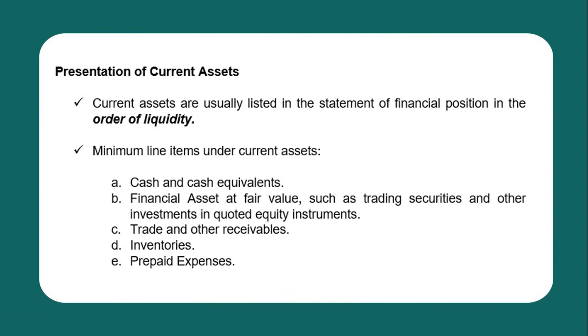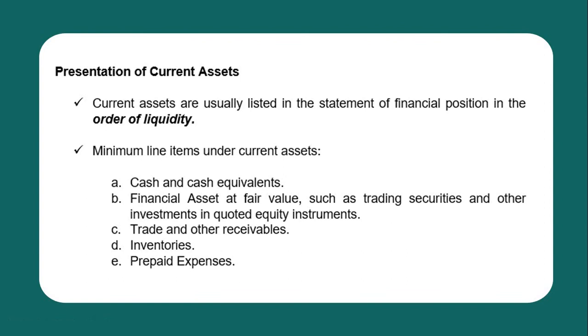Presentation of current assets. Current assets are usually listed in the statement of financial position in the order of liquidity. So, mag-una gyud ang most liquid until the least liquid. So, minimum line items under current assets. So, what do you mean by minimum line items?